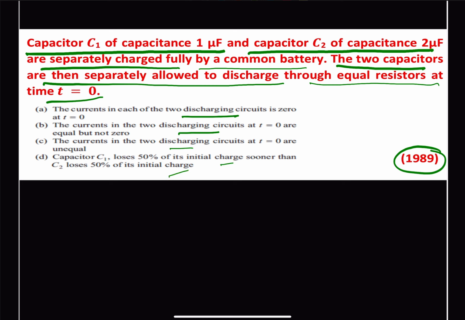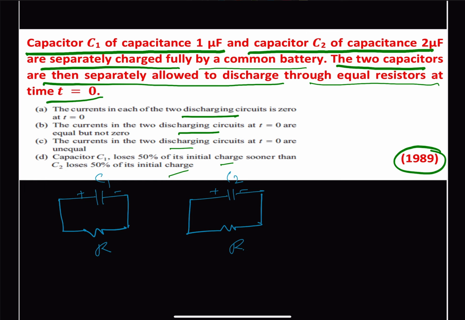Okay. So we are given two capacitors C1 and C2, and initially they are fully charged by a common battery. So we are only going to draw the figure for their discharging through a common resistance, that is R, and same is for the C2 also. The values are different.